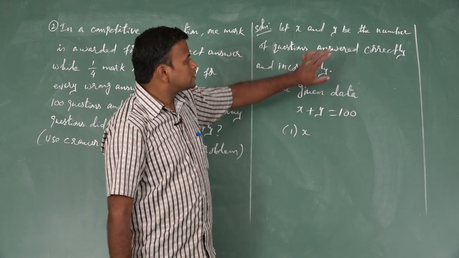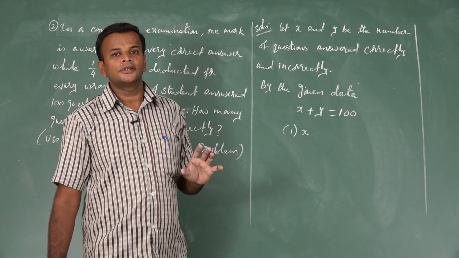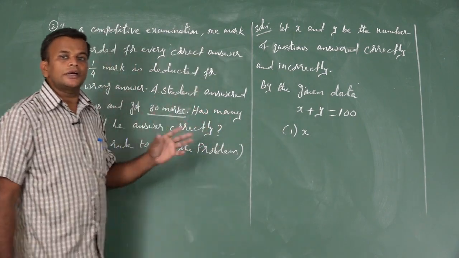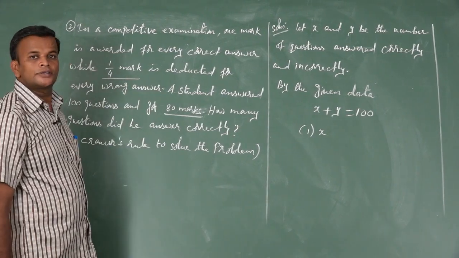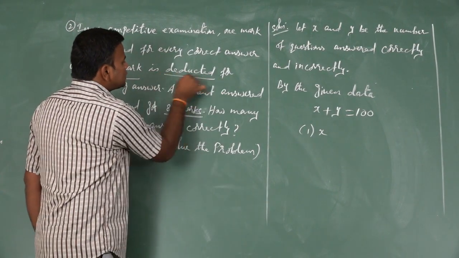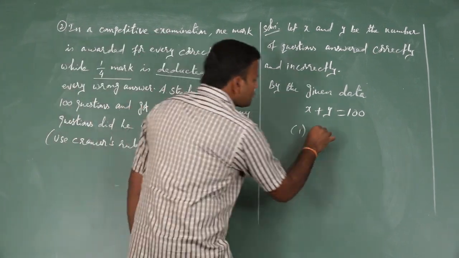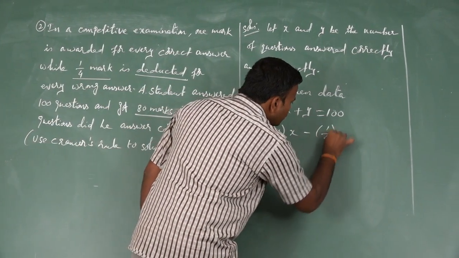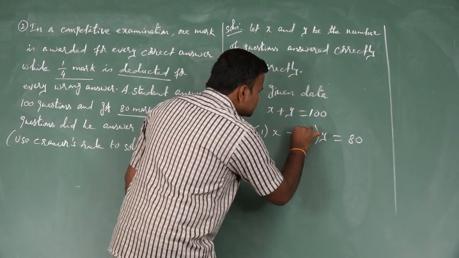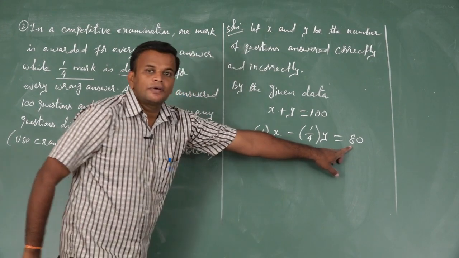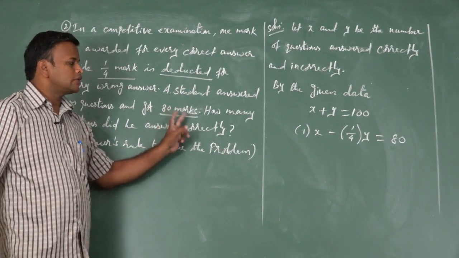And y indicates the number of questions answered incorrectly. Suppose the question is incorrect, the student loses 1 by 4 marks. 1 by 4 mark is deducted. That means a negative mark. So minus 1 by 4 of y should be equal to 80. 80 is given because the total marks scored by the student is 80.